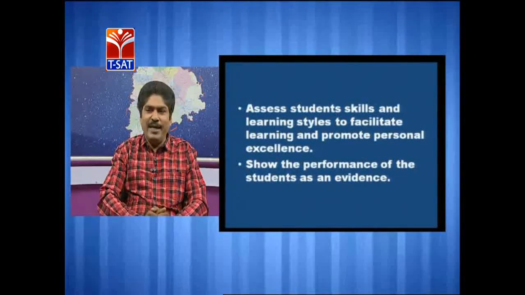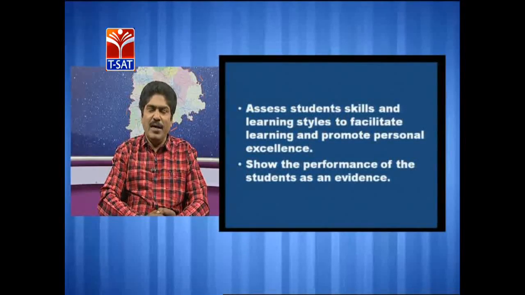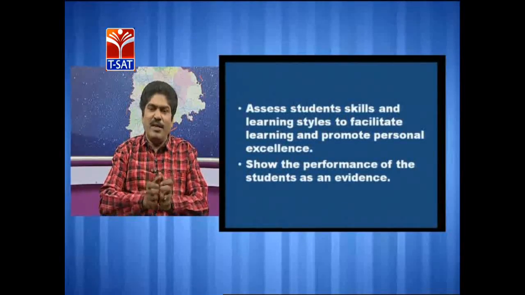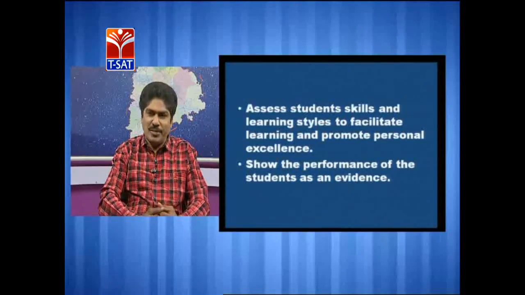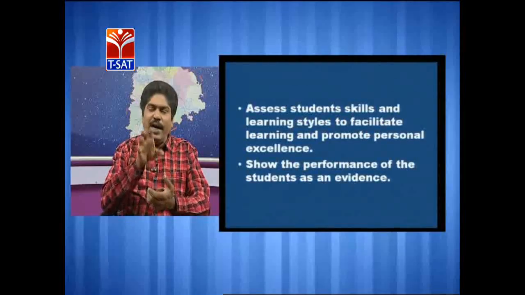And one other thing, school should assess students' skills and learning styles to facilitate learning and promote personal excellence. And also school should show the performance of the students as an evidence, because schools or institutes should be accountable to the society. They take products, that means students. School should understand the abilities of the children.